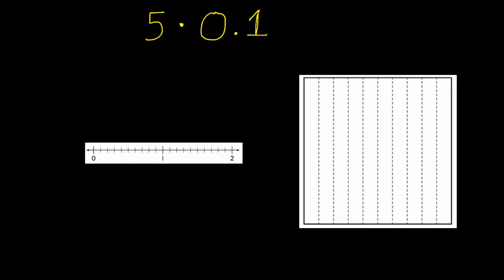If you're thinking about money, a tenth of a dollar would be a dime. So if I'm dealing with 1/10, that's just one of these little sections. And I'm going to be creating 5 groups of those little sections. On the number line, let's zoom in a little bit so we just focus on that one.